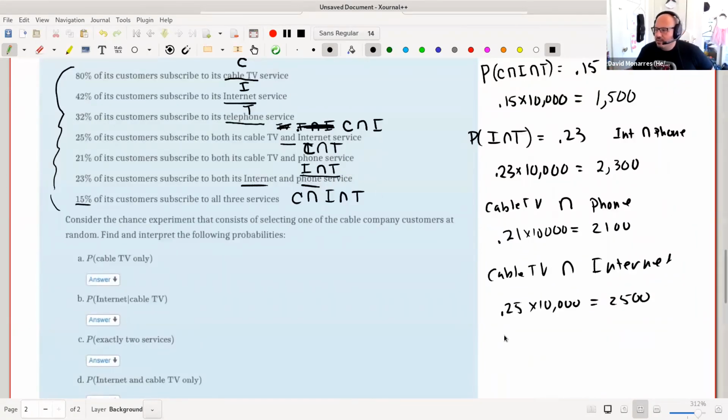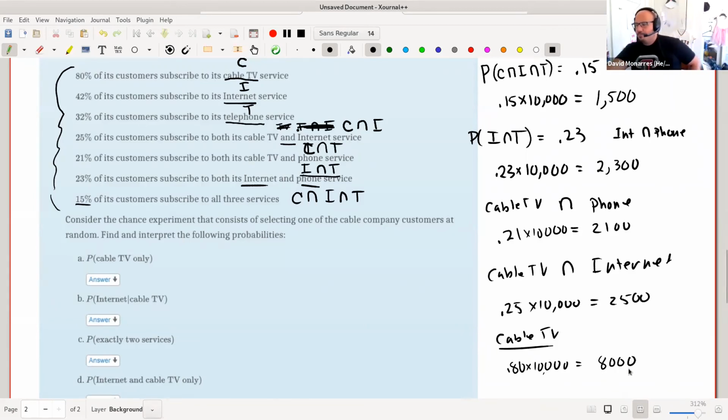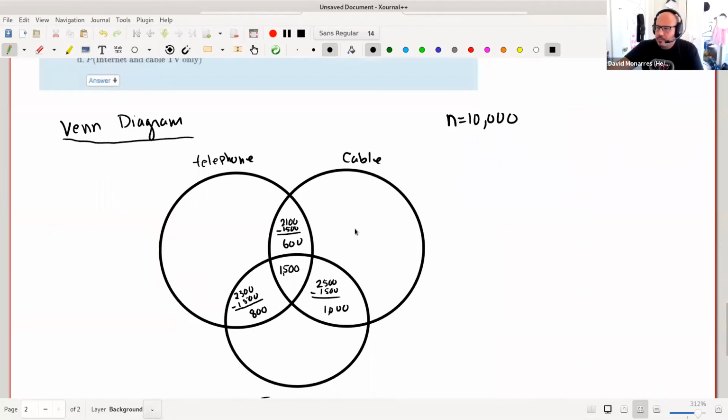So if we just look at cable TV alone, they say that 80% of our customers have the cable TV of some sort. And so that means we have 8,000 people total who use that. But I go down here and I look, 8,000 is going to be this whole circle.